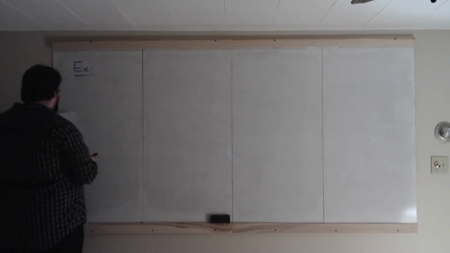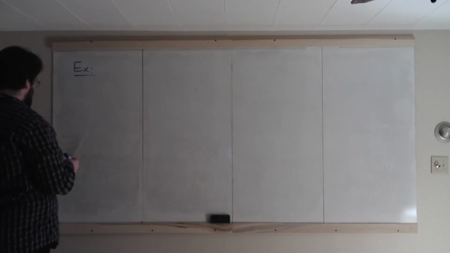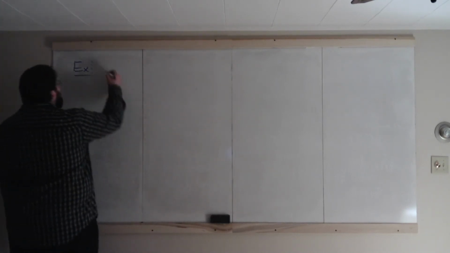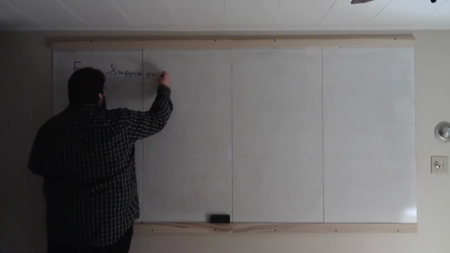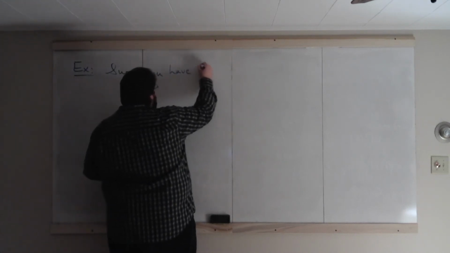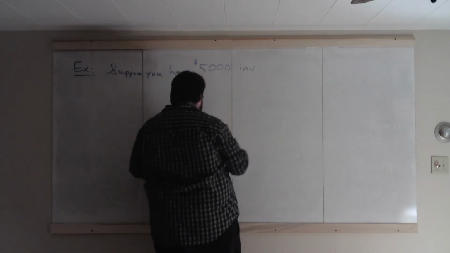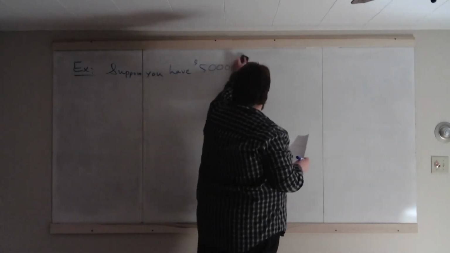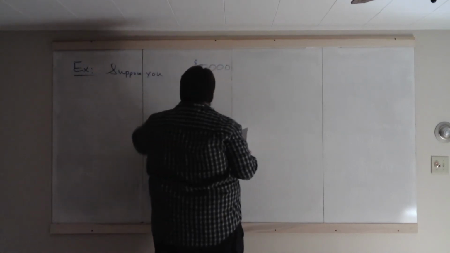Back to investing, much more interesting than leap years. Let's just do one more example like this. I have $5,000 invested. I shouldn't say invested. This could apply to investments, but I'm not going to use the word investment.